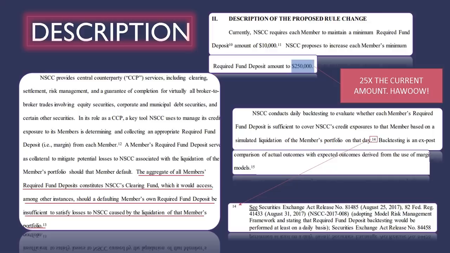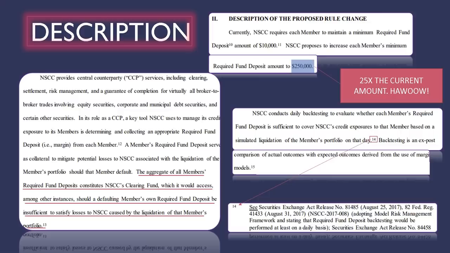The aggregate of all members' required fund deposits constitutes NSCC's clearing fund, which it would access, among other instances, should a defaulting member's own required fund be insufficient to satisfy those losses to NSCC caused by the liquidation of that member's portfolio.